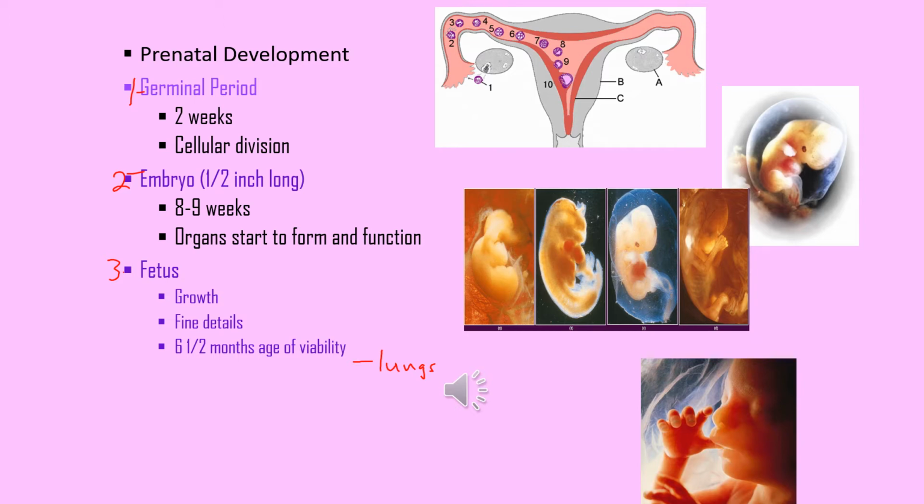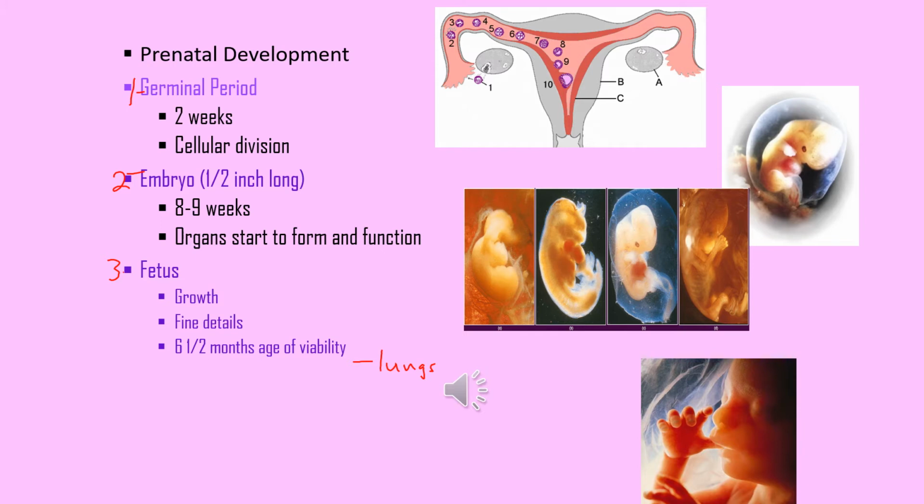The head, chest, abdomen, arms, and legs are clearly recognizable. Things like the nose, ears, eyelids, fingers, and toes are still developing.